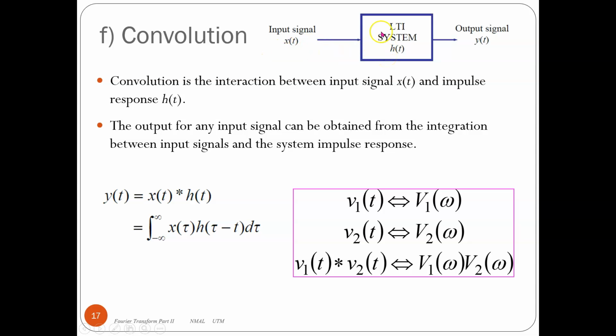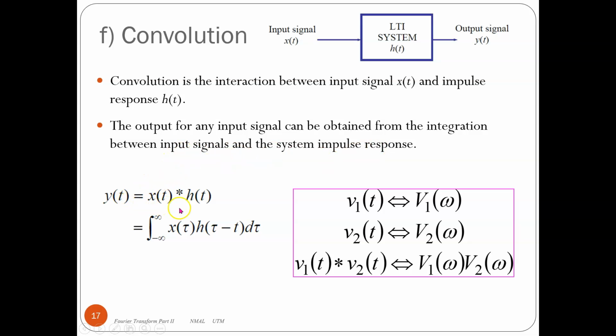Given a linear time invariant system with impulse response h(t), input signal x(t) and output signal y(t), convolution is the interaction between the input signal x(t) and the impulse response. In the time domain, this is x(t) convolved with h(t). So the output for any input signal can be obtained from the integration between the input signal and the system impulse response.